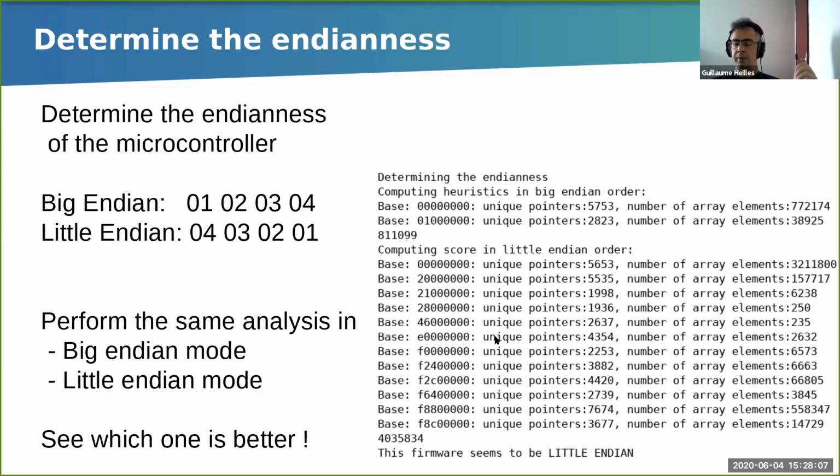Okay, another heuristic I introduced in this tool is not only the number of unique pointers, but also the number of pointers which are presented as elements in an array. Why is that? Because I was looking for more specific information, and just taking random 32-bit values here and there in the firmware was not really meaningful.